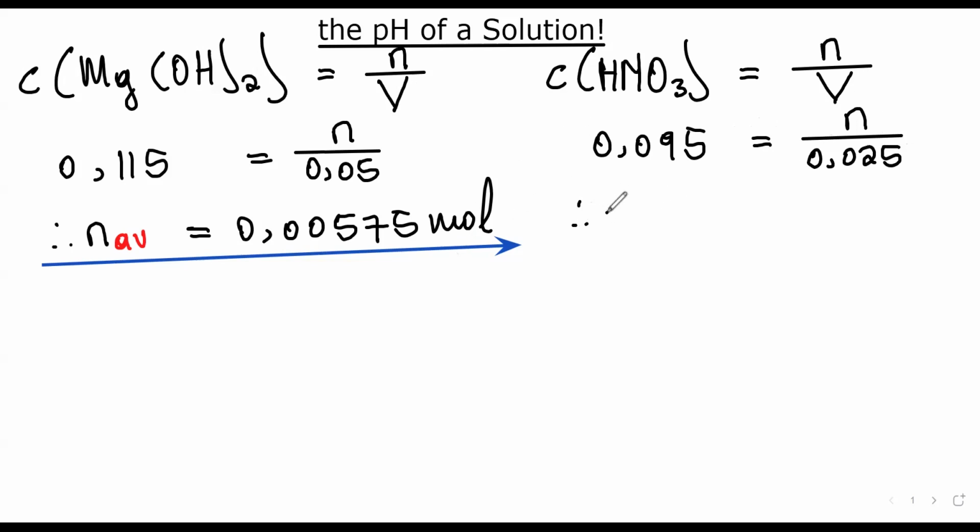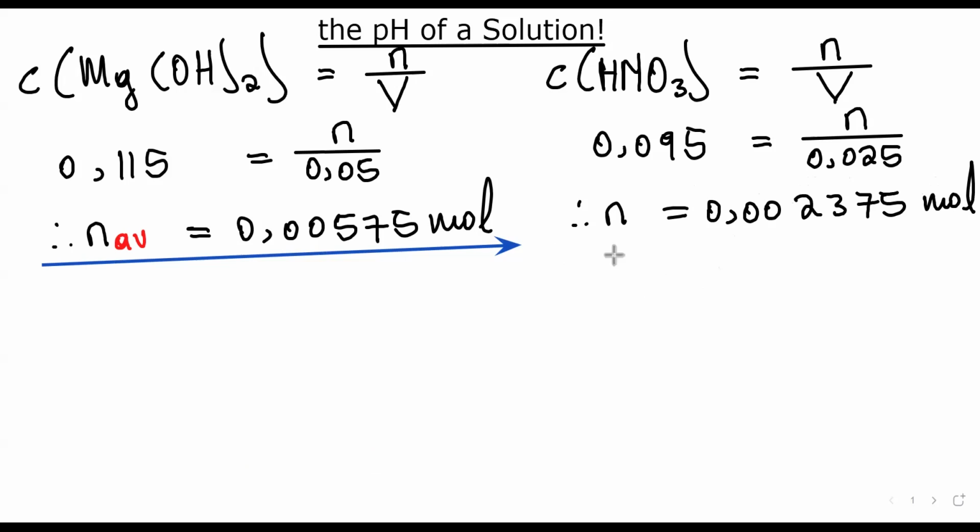Then when we find the number of moles of the acid, we simply say 0.095 times 0.025. And when we do so, we simply get 0.002375 moles.